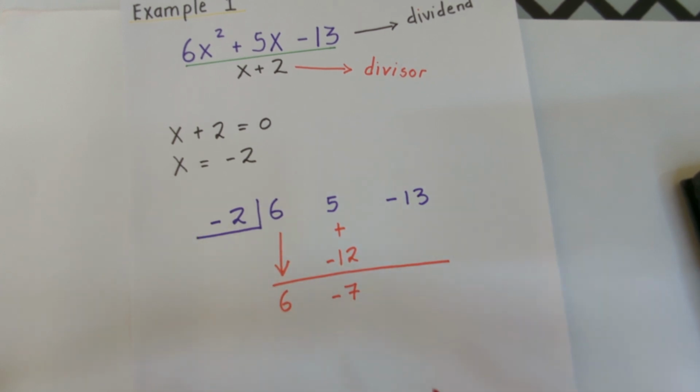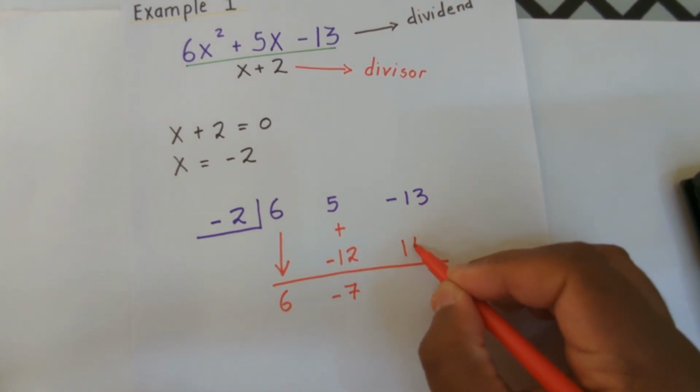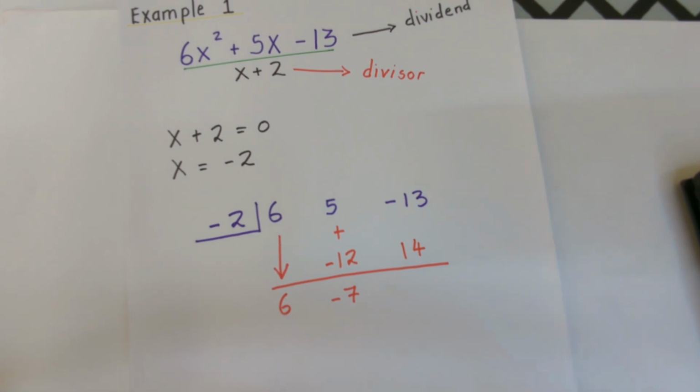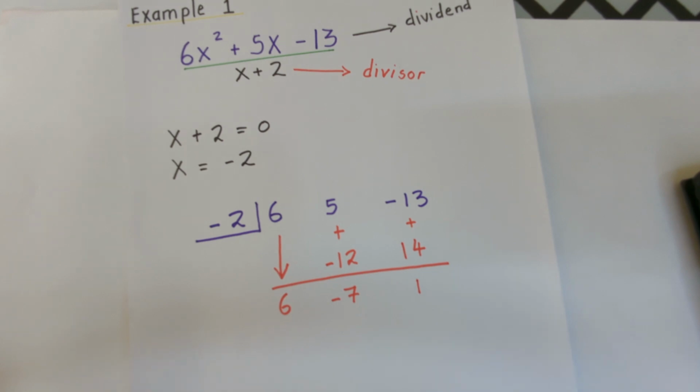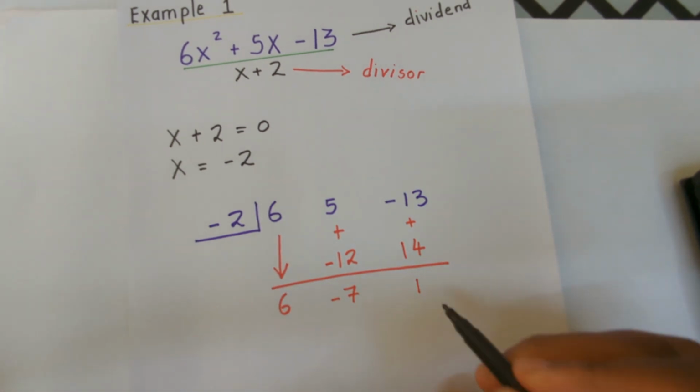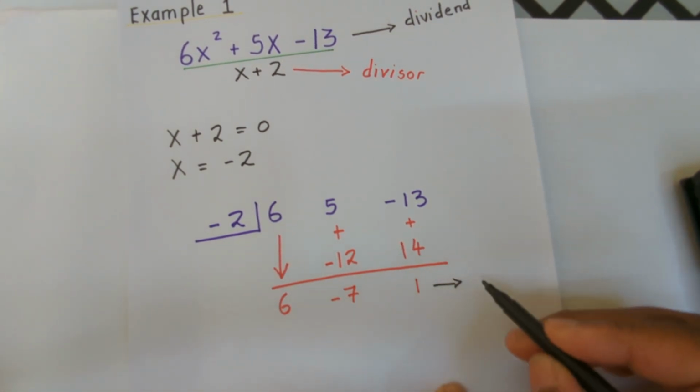Negative 2 times negative 7, that's positive 14. And we add again. So negative 13 plus 14, that's positive 1. So the 1 then becomes our remainder.